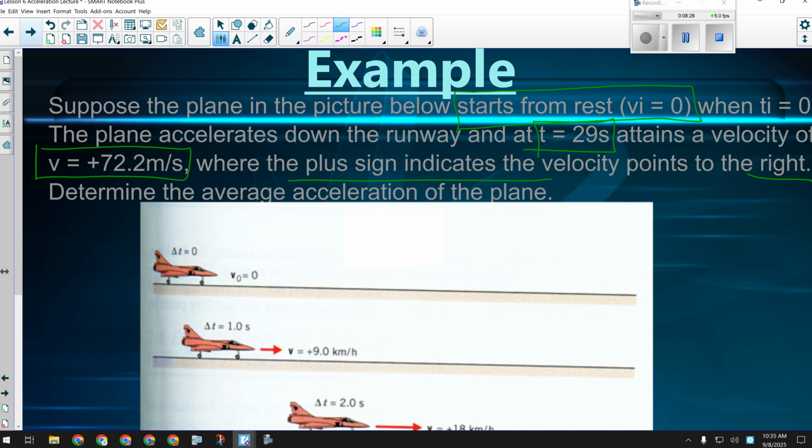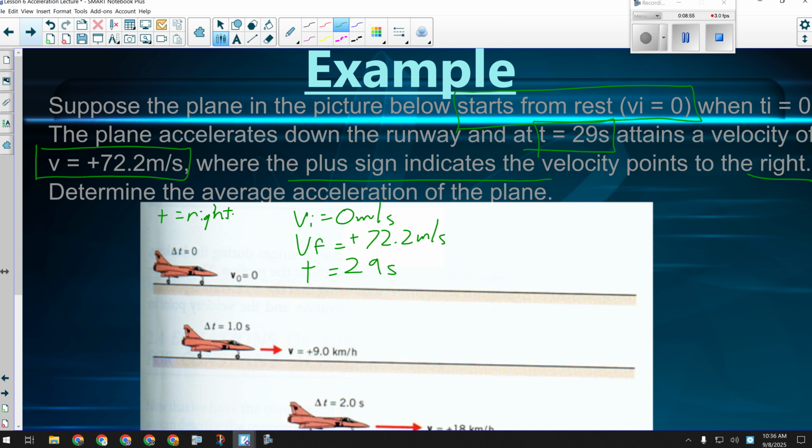So my givens in this question are: I know VI, I know VF, and I'm going to put up here that positive equals right. And I know the time. The time is 29 seconds.